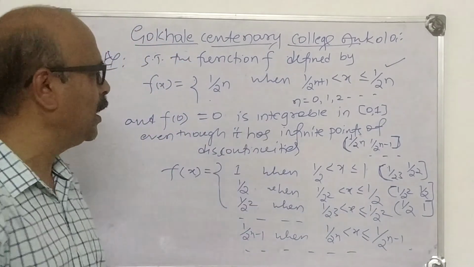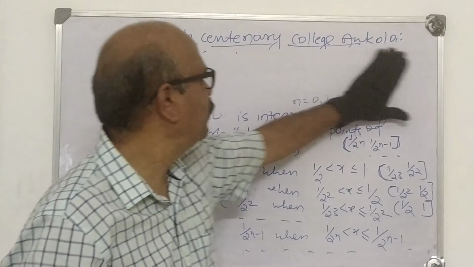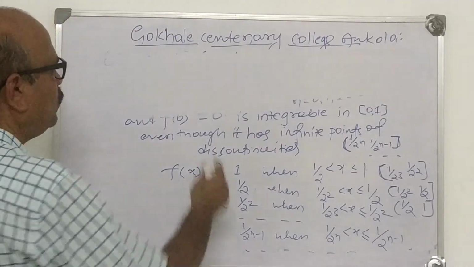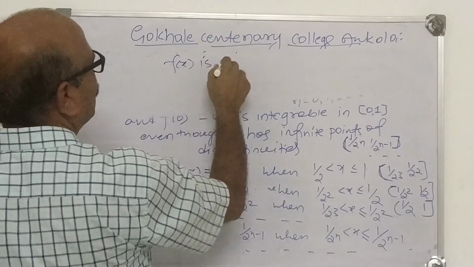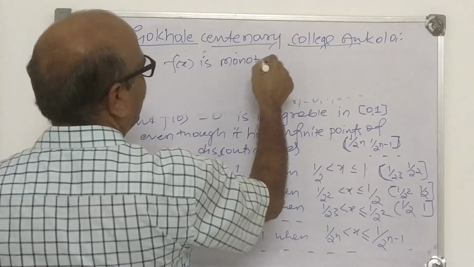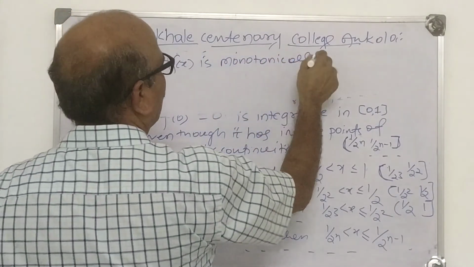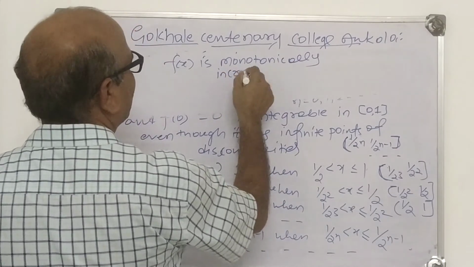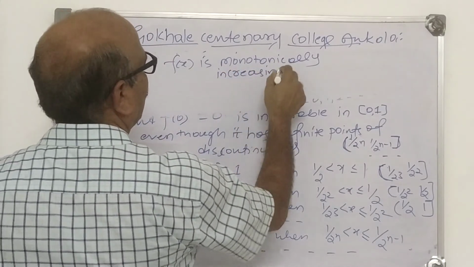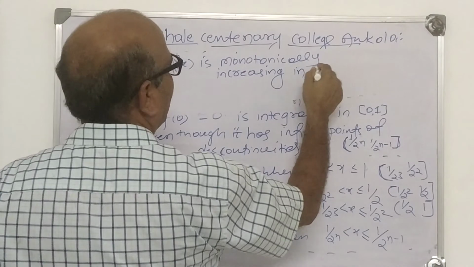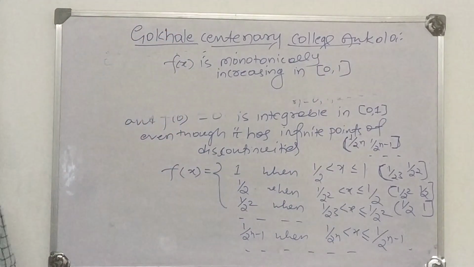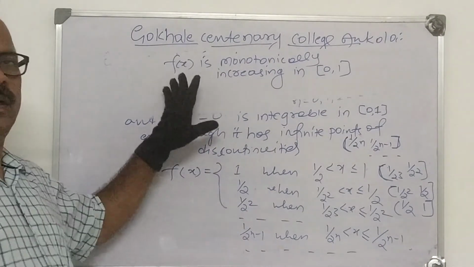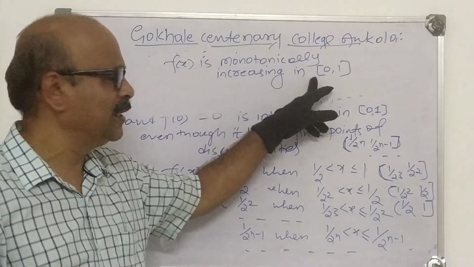It is monotonically increasing. Therefore, we conclude that f(x) is monotonically increasing in [0, 1].